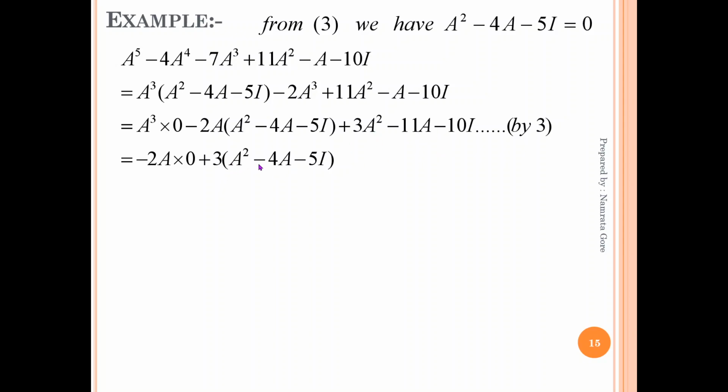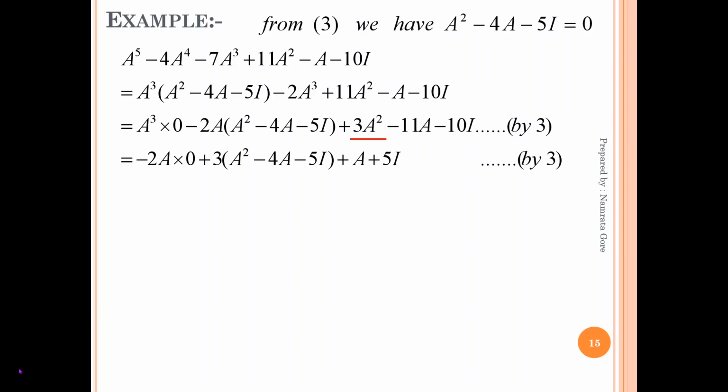From this 11A we have here 3 into minus 4, that is minus 12. So from minus 11A, 1A is left, minus 12A plus A is minus 11A over here, and minus 5I into 3 is minus 15. So minus 15 plus 5 will be minus 10 over here.